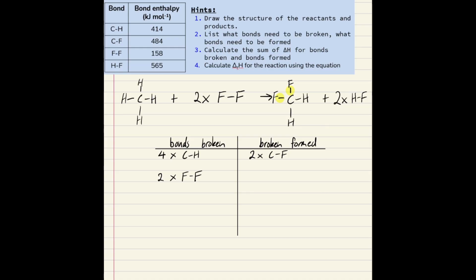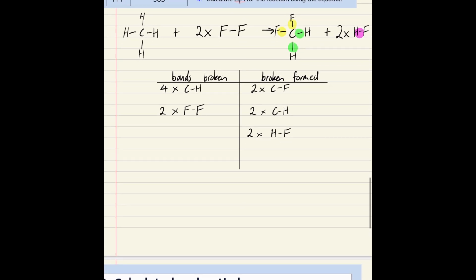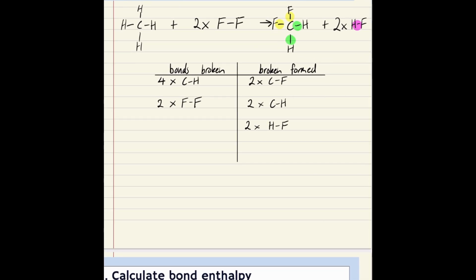I also have, in a different color, 2 C to H bonds being formed. And then I also have 2 H to F bonds. Right, so now I've made a list of all the bonds that are going to be broken and all the bonds that are going to be made.